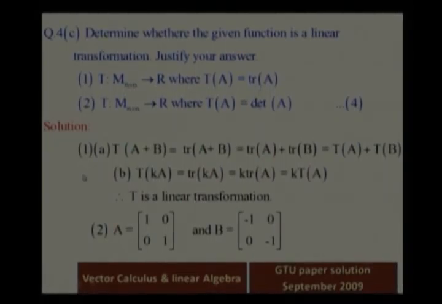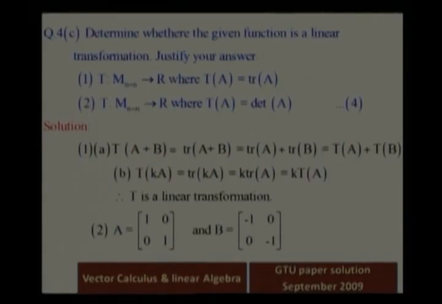Okay, so to check that the given transformation is linear or not, the two conditions must be satisfied, that is T of u plus v is equal to T of u plus T of v, and T of k into u is equal to k into T of u, where u and v are the vectors of the domain, right?